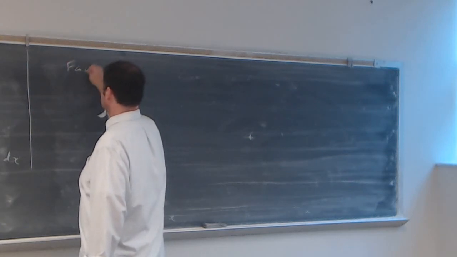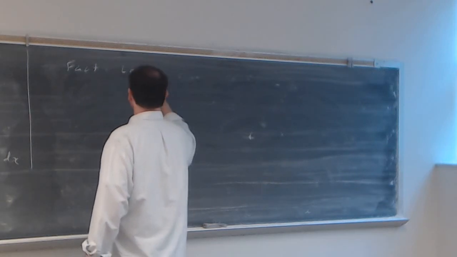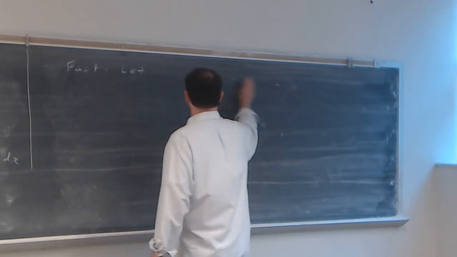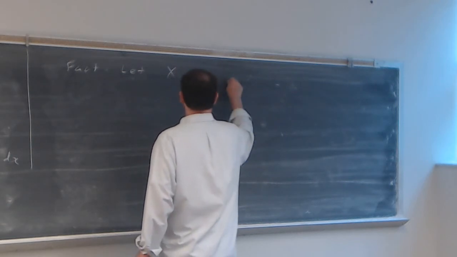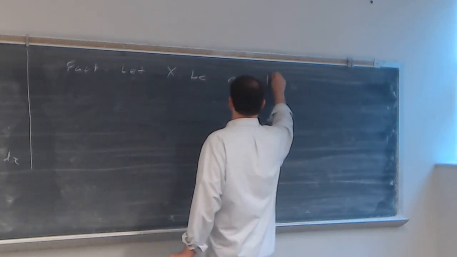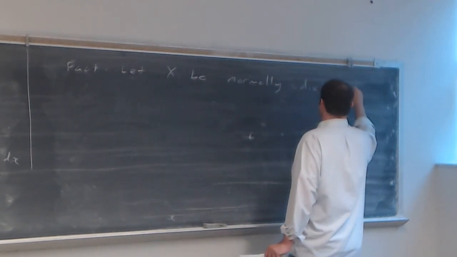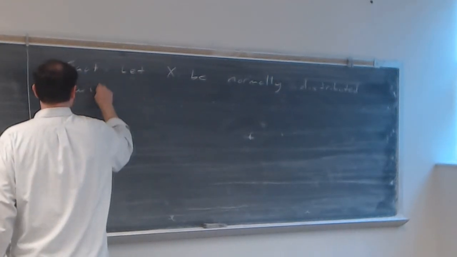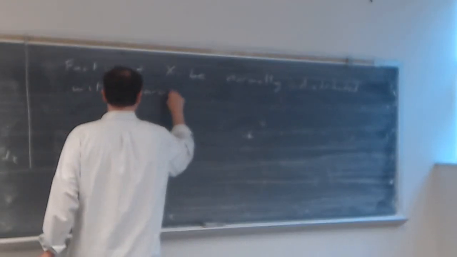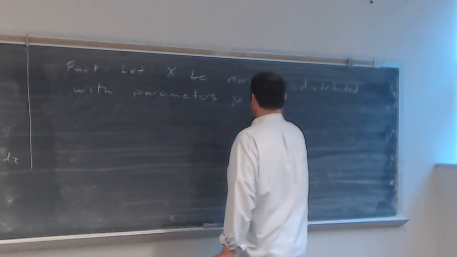As a fact, we're going to let X be normally distributed with parameters mu and sigma squared.